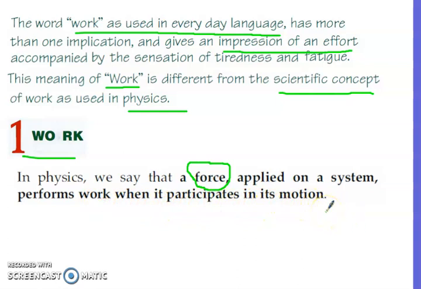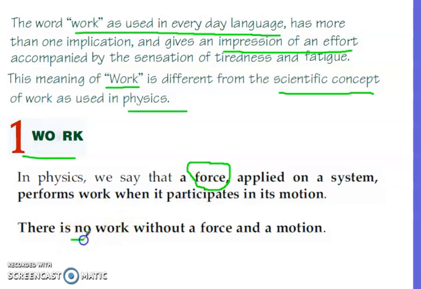Means what? Means when you apply a force on a body and the body is in motion, then this force does work. Clear? So there is no work without a force and a motion. Means no force, no work in physics.